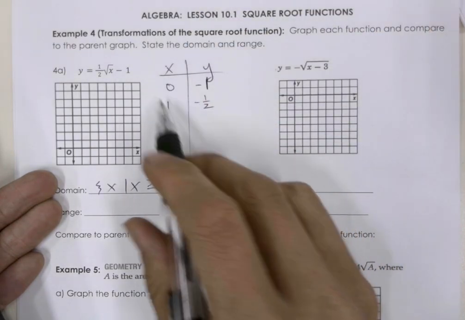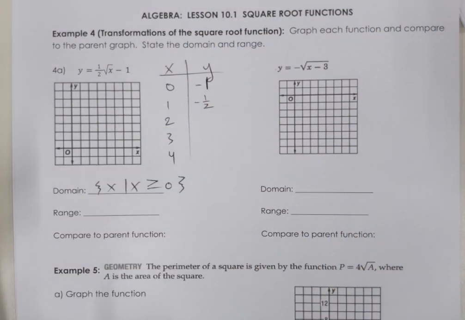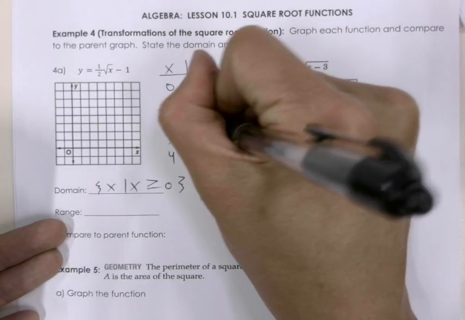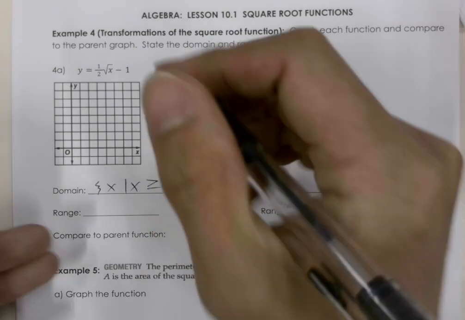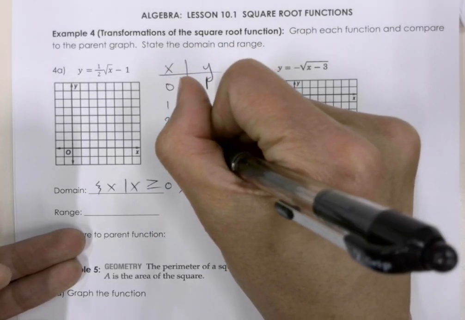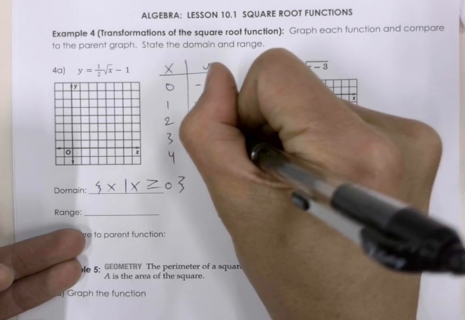And then 2, that's where the calculator needs to come out. It's 1/2 times the square root of 2, that's 0.7. And then we have 1/2 times the square root of 3, that is 0.87.